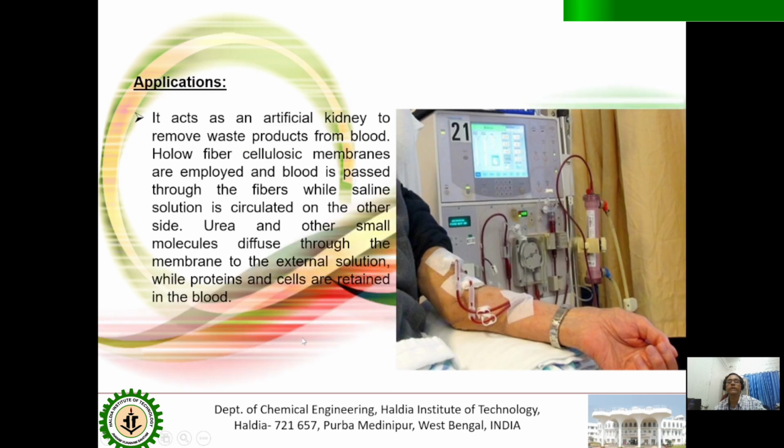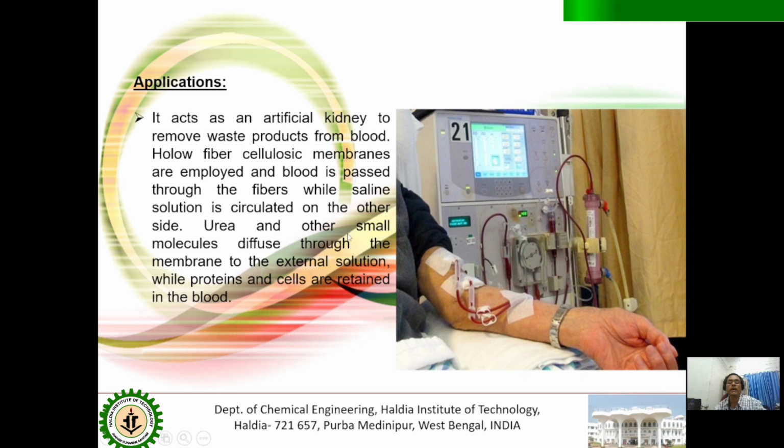Now, applications of dialysis. As we have discussed earlier, for problems in the kidney, we can do dialysis. It acts as an artificial kidney to remove waste products from blood. Hollow fiber cellulosic membranes are employed, and blood is passed through the fibers while saline solution is circulated on the other side.